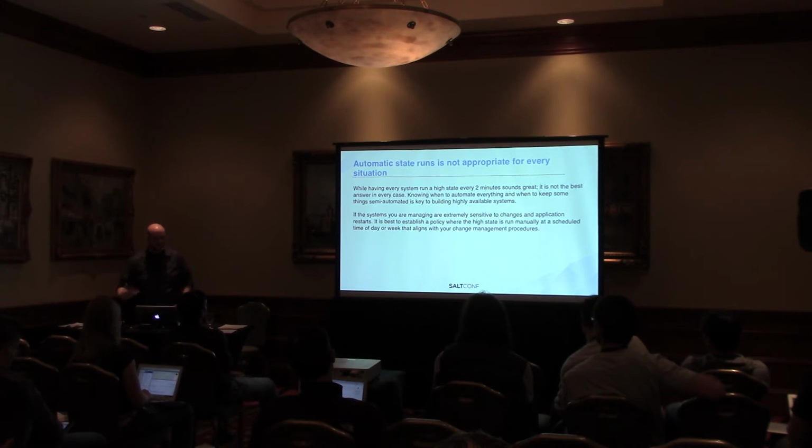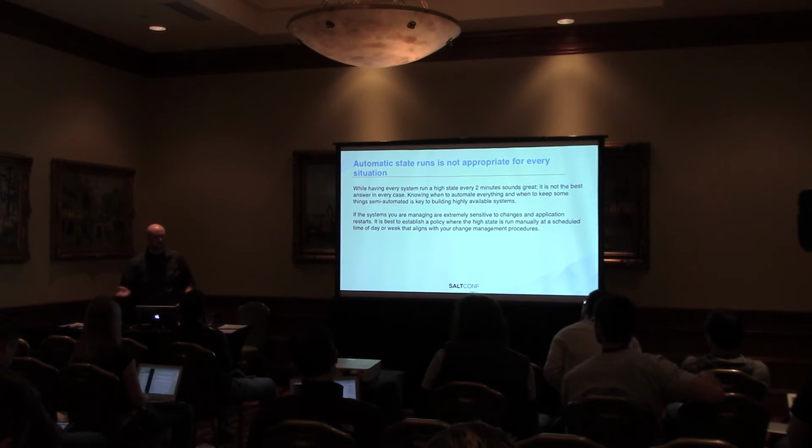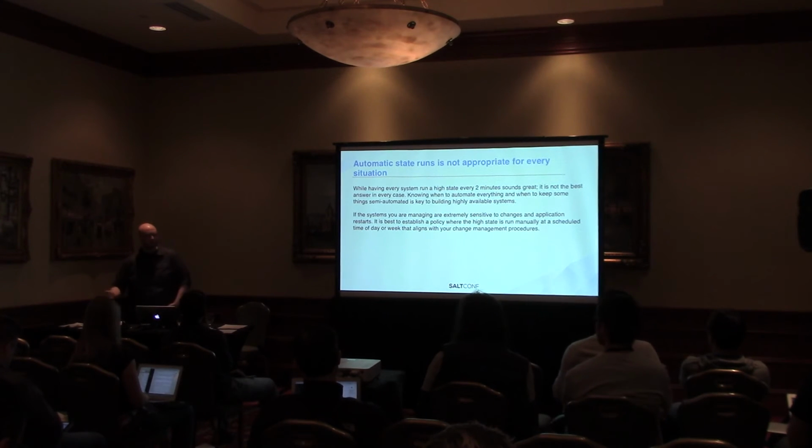Even if you don't automate things, I like to call this semi-automated, right? You could still have someone log into the server and run a highstate, or they could log into the master, target that specific server, and run a highstate after it's been taken out of rotation. If taking it out of rotation during a change is manual, right? You could do that.